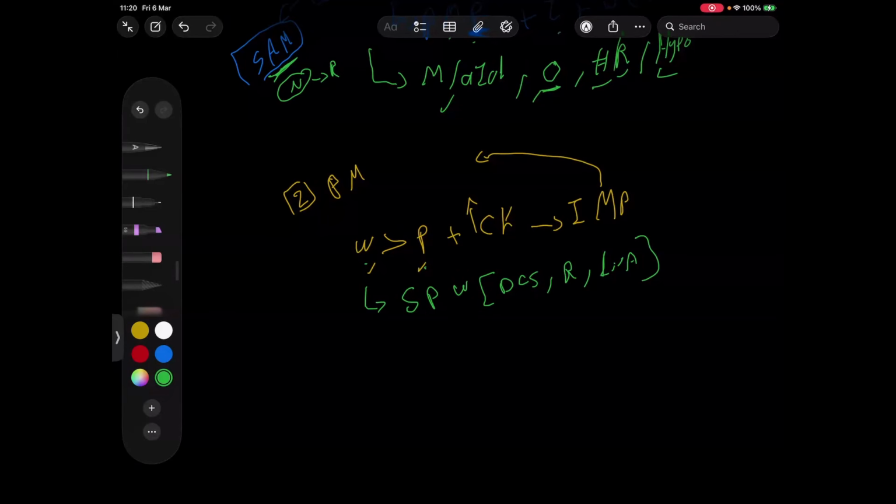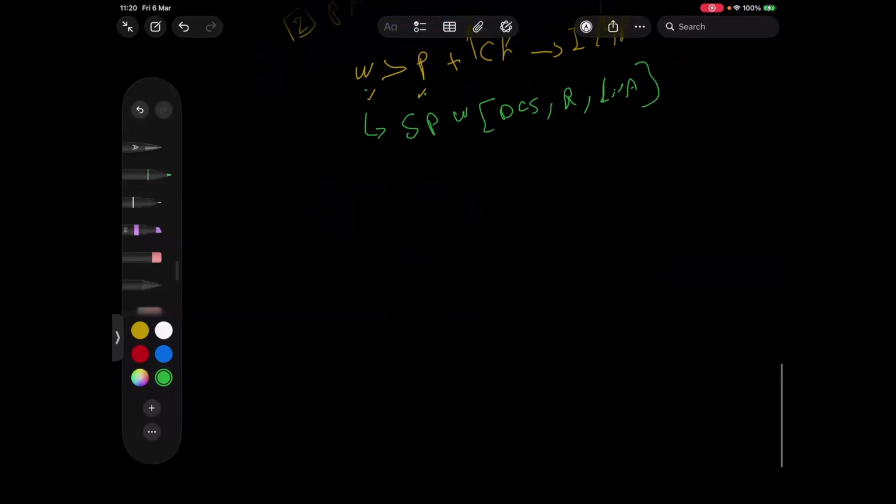So next, number 3. Number 3, we are speaking about thyrotoxic polyneuropathy.